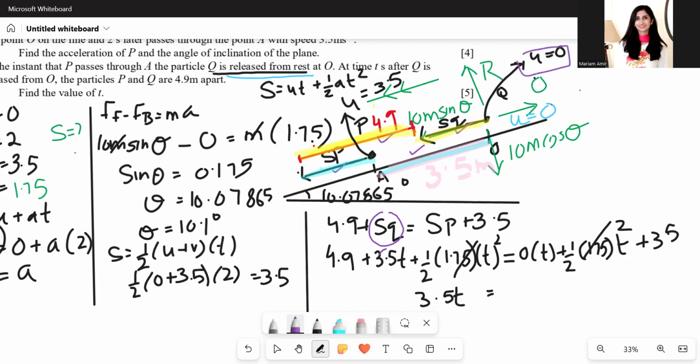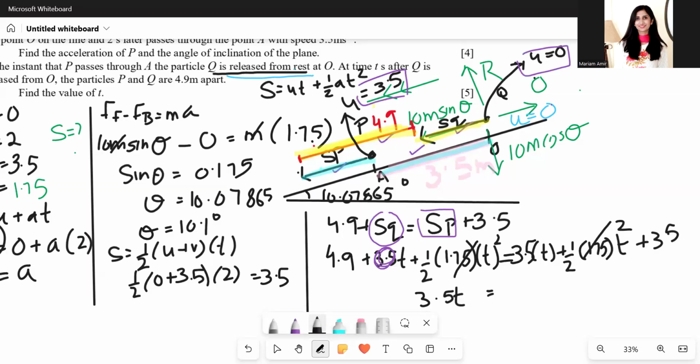So this was supposed to be 0 here. And this is SP, so this is not 0. This is supposed to be 3.5. Let me fix that. Sorry about the mess up. That's why I was getting a negative time, which is incorrect.